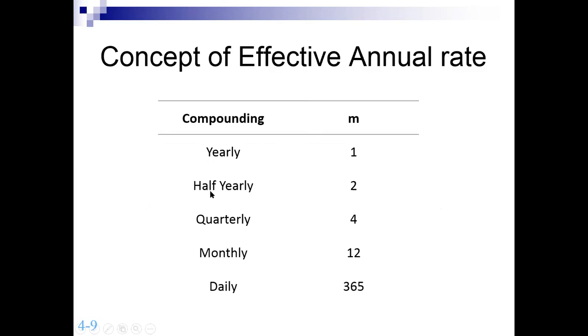If we are working on a half yearly basis, M, the number of compounding intervals within a year, should be 2. If we are working on a quarterly basis, the number of compounding intervals will be 4. On a monthly basis, it will be 12. And on a daily basis, we will have 365. Now think, if we are doing it on a continuous basis, then what will happen? This of course is an advanced topic, not discussing it here.